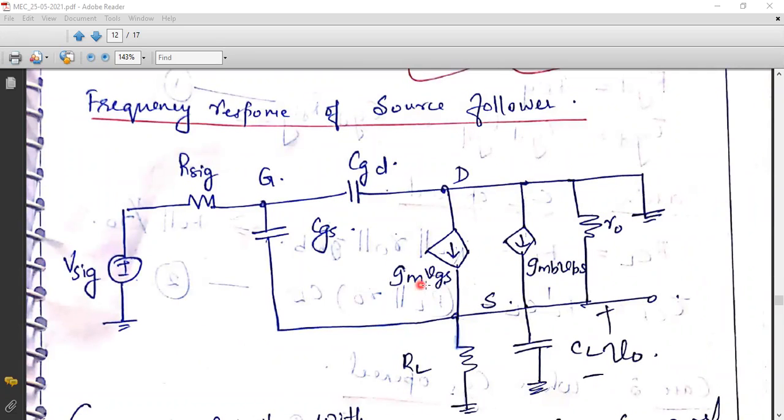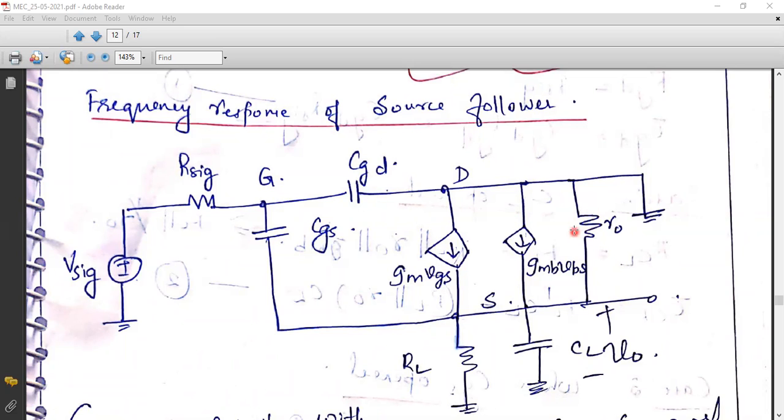Because of this body effect, we have a new transconductance gmb and the junction voltage VBS. So the drain current is defined by gmVgs, and along with that there is another component, gmbVbs. So we need two current sources together.